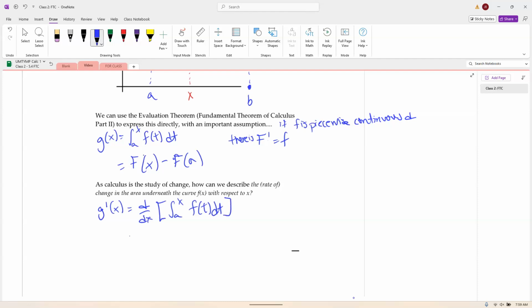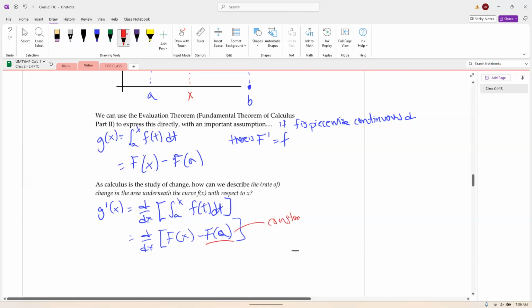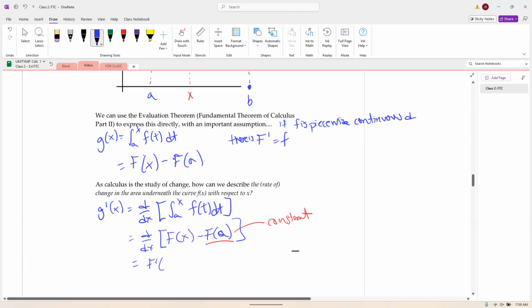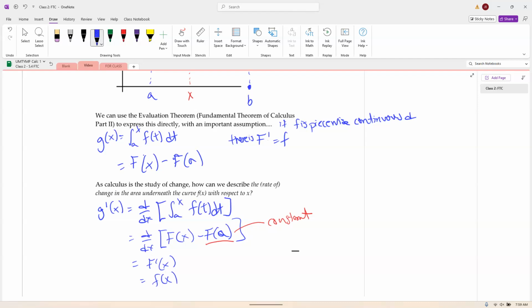Which would be d dx of, as we showed above in the evaluation theorem, big F of x minus big F of a. And this big F of a is a constant, so that would just differentiate out to 0, and we'd have big F prime of x, which is just f of x.